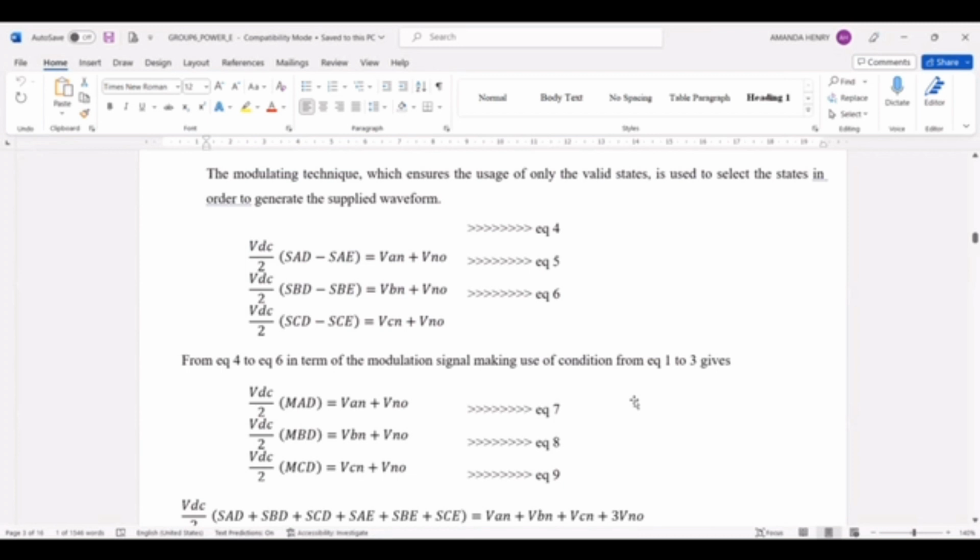From these equations 4, 5, and 6, in terms of the modulating signal, making use of the conditions from the previous equations, which are equations 1, 2, and 3, gives us equation 7, equation 8, and equation 9.